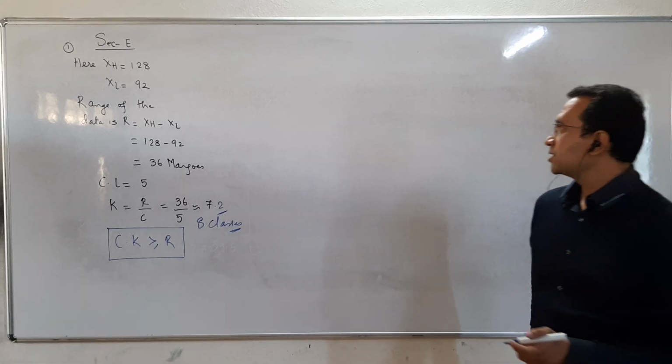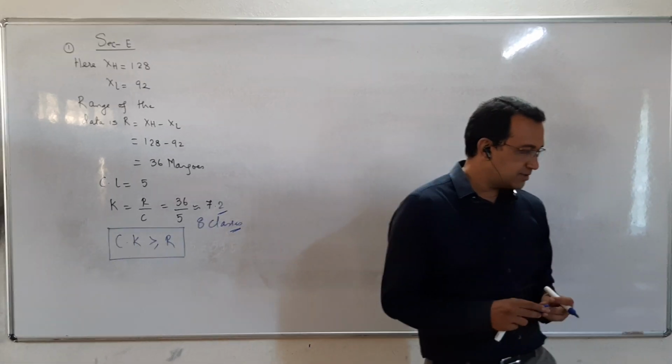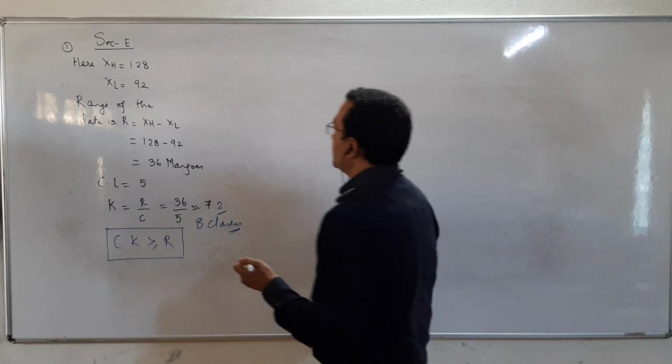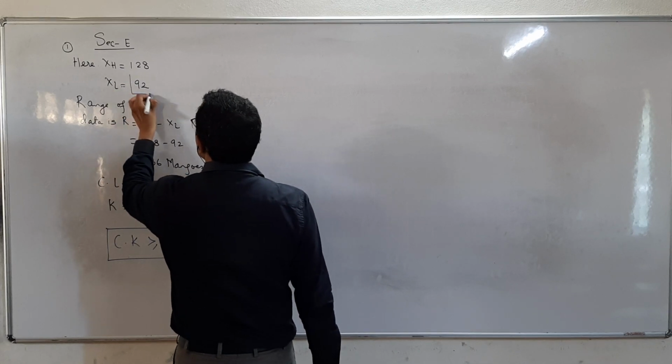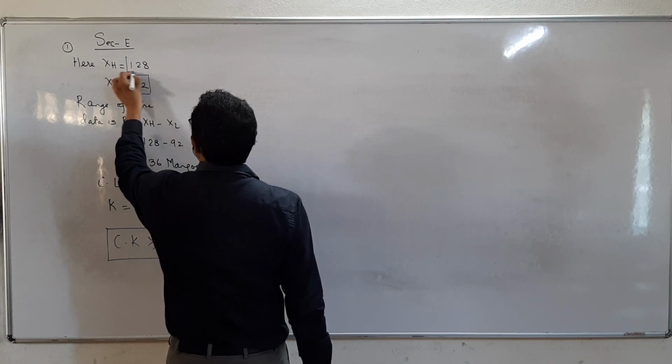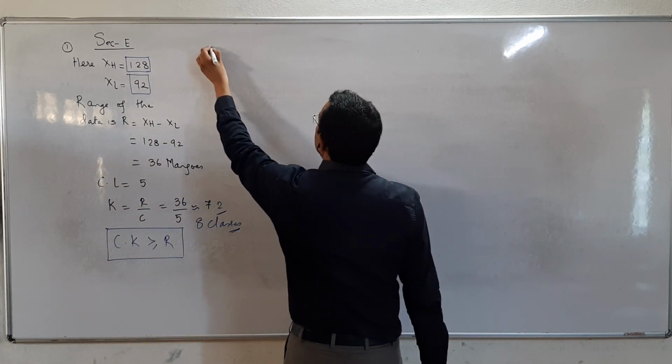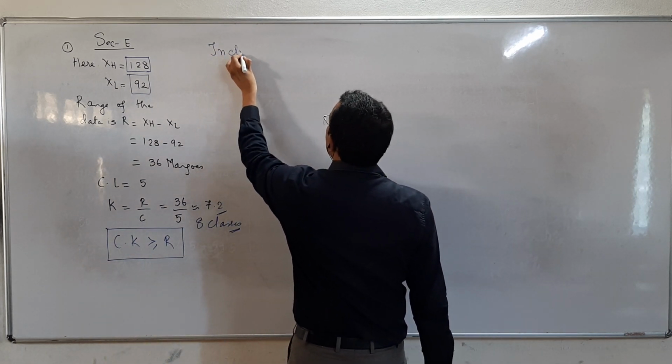Now students, the first class which we take must include 93 and the last class must include 128. So let us give the type: inclusive.